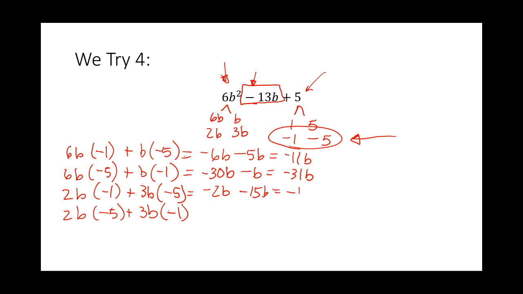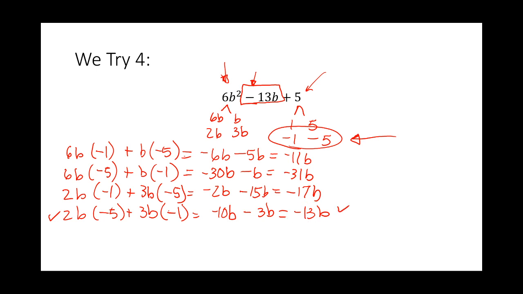And then 2b times negative 5 is negative 10b. 3b times negative 1 is minus 3b. Negative 10 minus 3 is negative 13b. Okay, so we know it's going to be this last row.